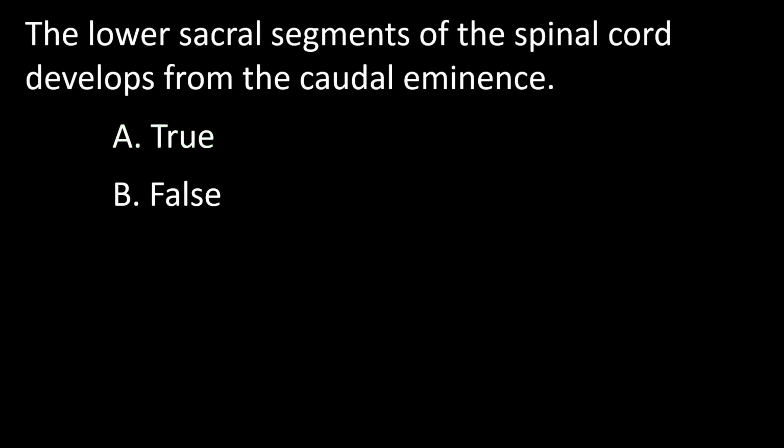Next question. The lower sacral segments of the spinal cord develop from the caudal eminence. A, true, B, false. At 26 days of gestation, at the time the posterior neuropore is about to close, a mass of undifferentiated cells called the caudal eminence can be seen close to the end of the neural tube.